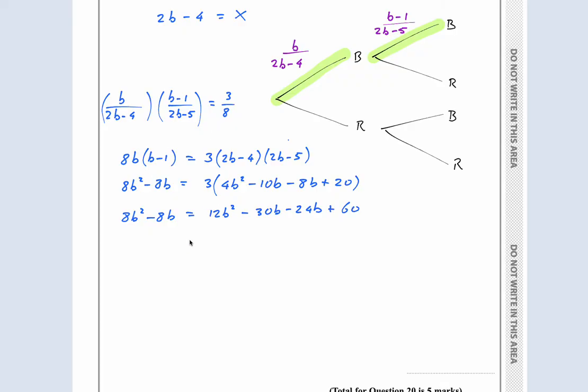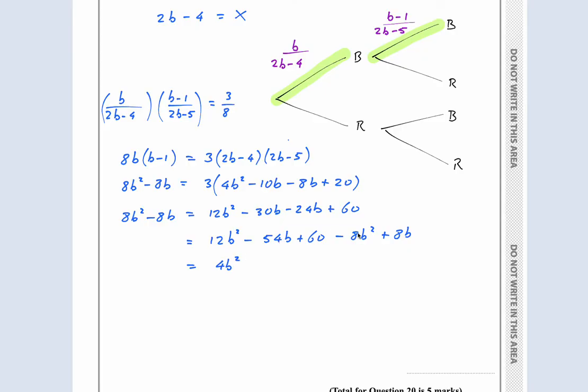Okay, I'm going to leave everything on the right just because the 12b squared is positive here. So it's 12b squared minus 54b plus 60. So I just added these two, and now I'm going to subtract 8b squared, and I'm going to add 8b. So 12b squared minus 8b squared is 4b squared.